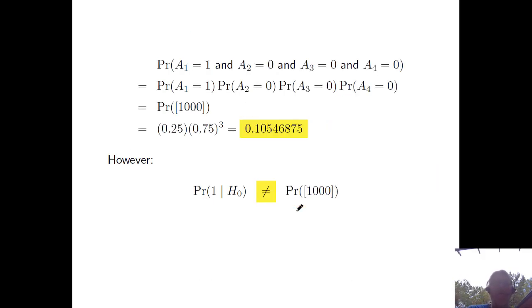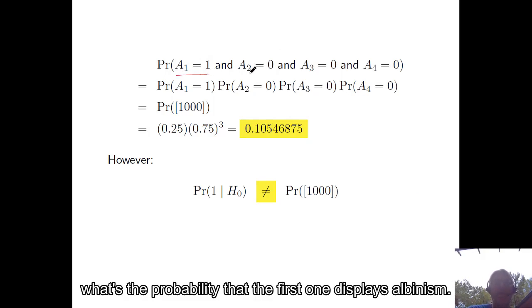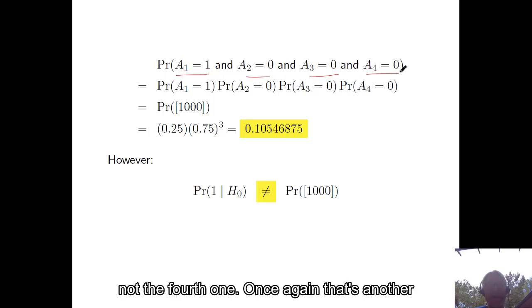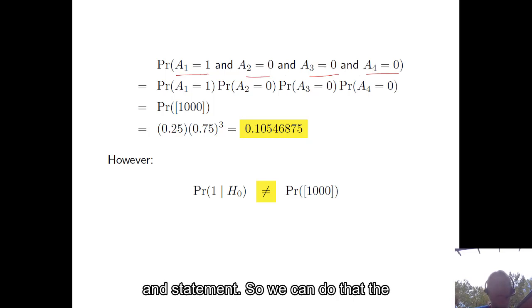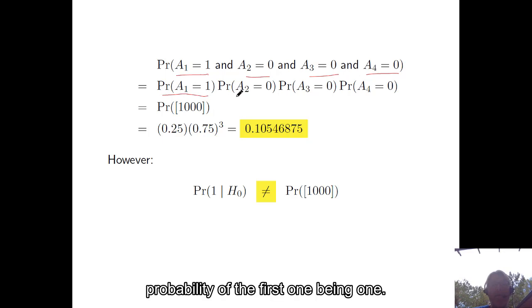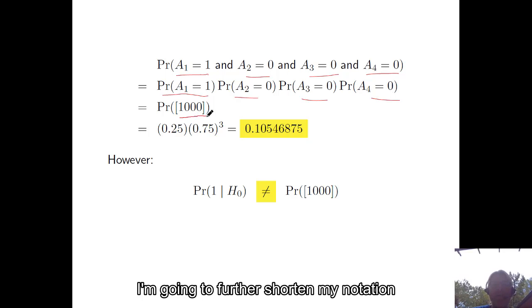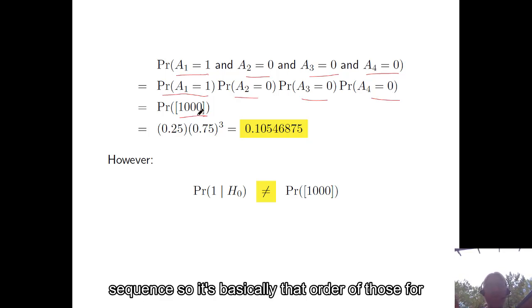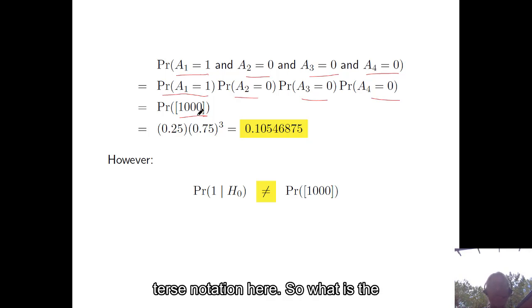What about the probability that the first one displays albinism, but not the second one, and not the third one, and not the fourth one? Once again, that's another and statement, so we can do that same multiplication. Probability of the first one being 1, but the next 3 being 0. I'm going to further shorten my notation to that 1, 0, 0, 0 for this sequence. So it's basically that order of those 4 offspring, just so we have a concise notation here.